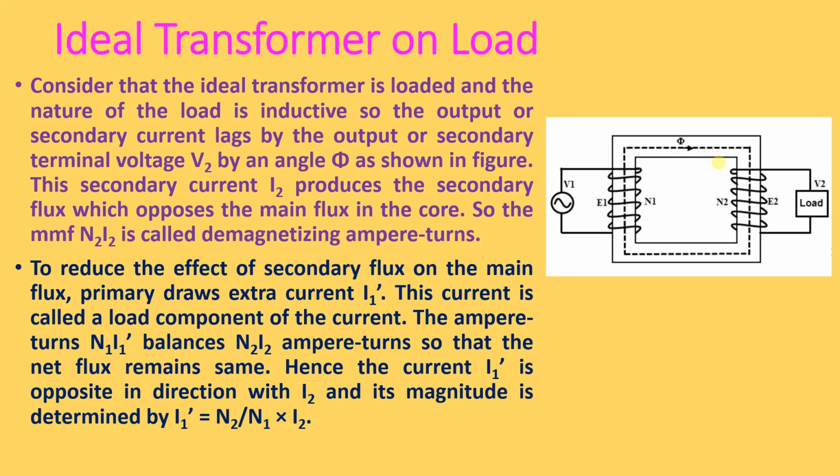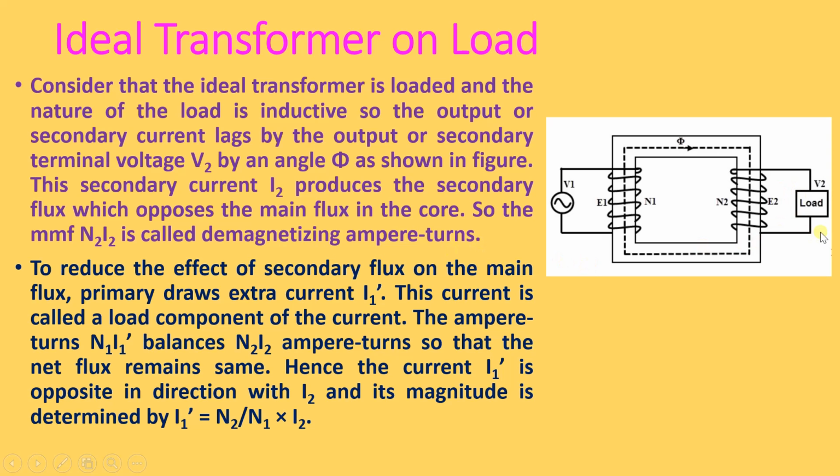This secondary current I2 produces the secondary flux which opposes the main flux in the core, so that the MMF N2 I2 is called demagnetizing ampere turns.